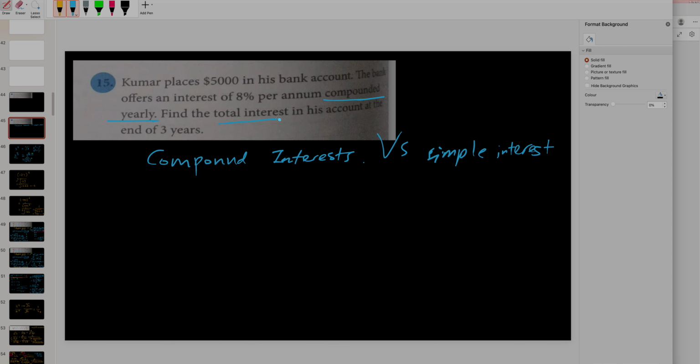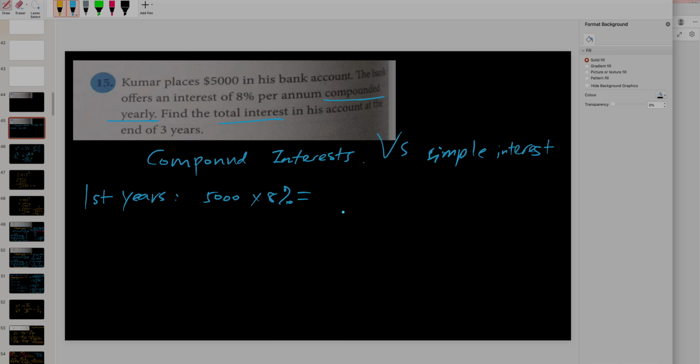They want total interest. Okay, so you start off with $5,000, right? For 1 year the interest is 8%, right? So that means after the first year, what's the interest? It is 5,000 times 8%, right?